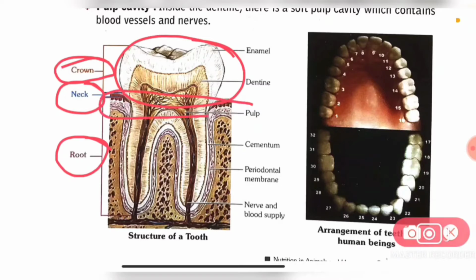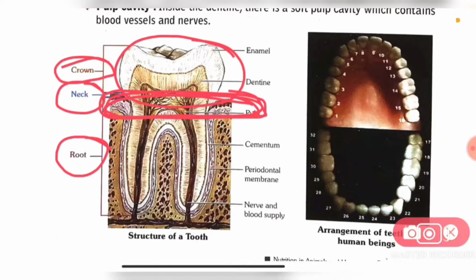This portion is called the neck portion, okay, where the teeth is inside the gum. দাঁতটা যেখানে গামের মধ্যে ঢুকছে সেই পার্টটা, that means the part where the teeth is inside the gum.